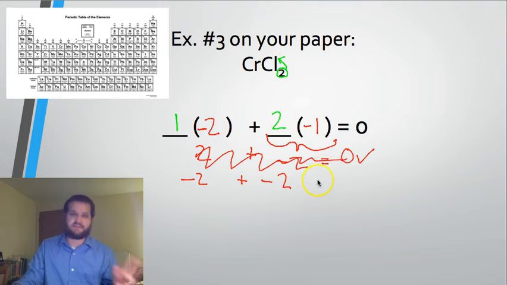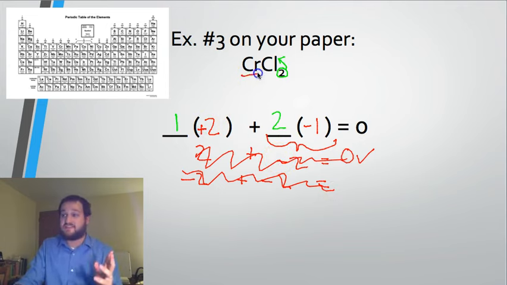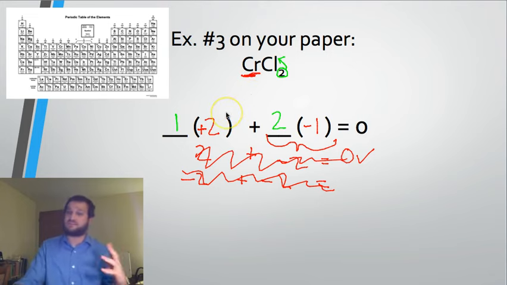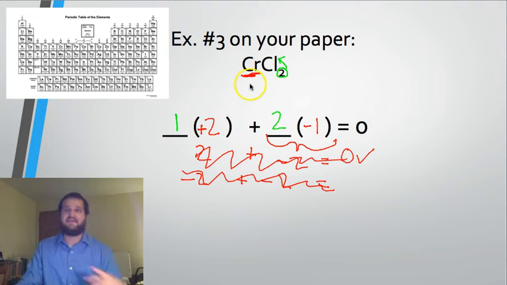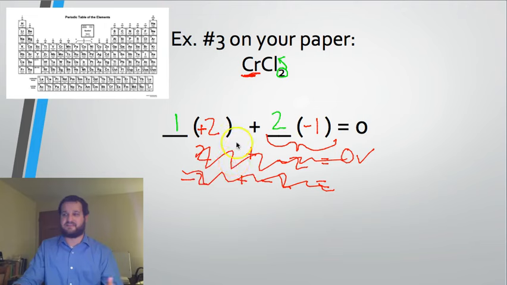And we would have -2 plus -2, which does not equal 0, right? So that's no good to us. Instead, we need that +2, and you can remember this because that's the metal. The metal is always going to want to, or most of the time going to want to, give away its electrons. So it's going to have a positive oxidation state.